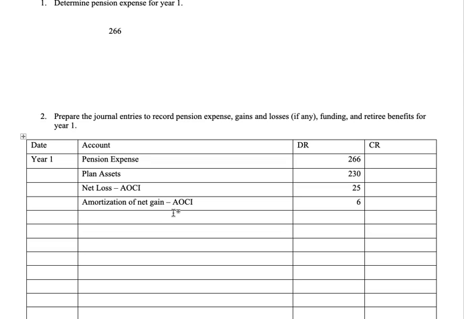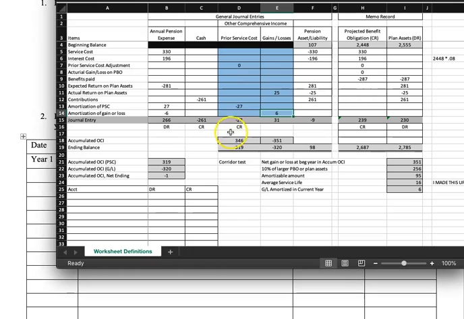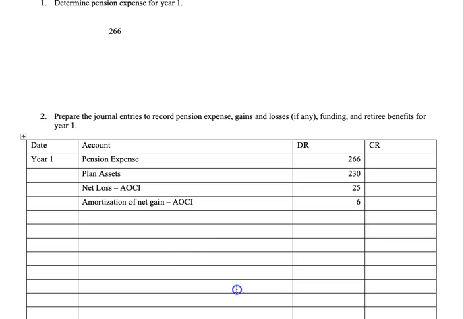All right, now what else do we need to do? Well, we need to credit, so the negatives are credit: cash, our prior service costs, and then our PBO. So that's the 3 that we're going to credit. So amortization of our prior service costs, and again, this is other comprehensive income there, and that's 27.